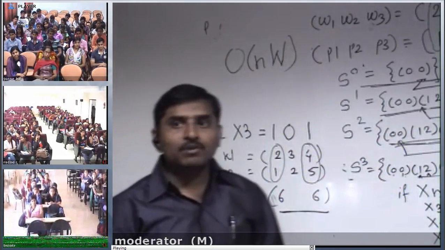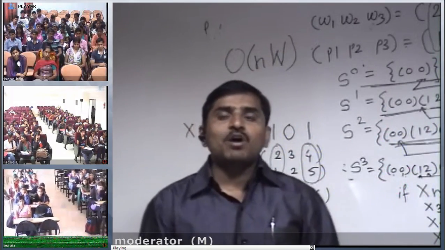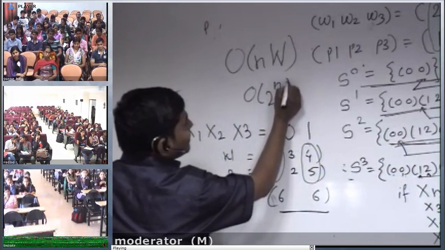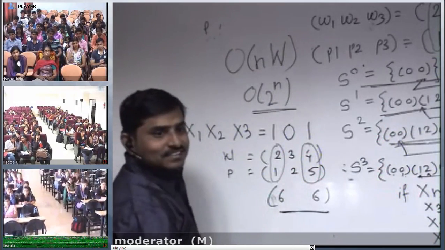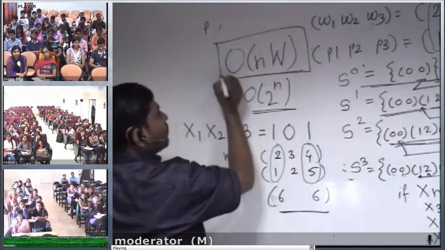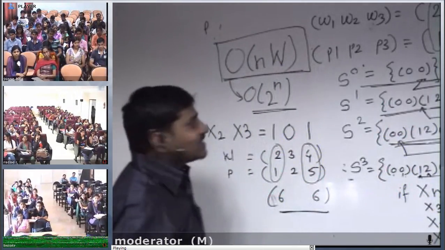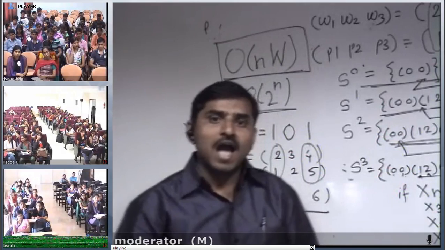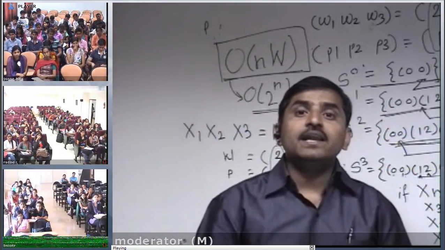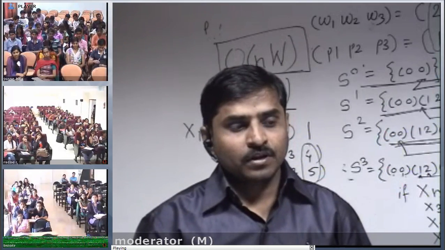So this is NW, and if I solve the same problem using the traditional approach, the time complexity is 2 raised to n. So big O of NW is always less than 2 raised to n. So this is a 0-1 knapsack in dynamic programming.